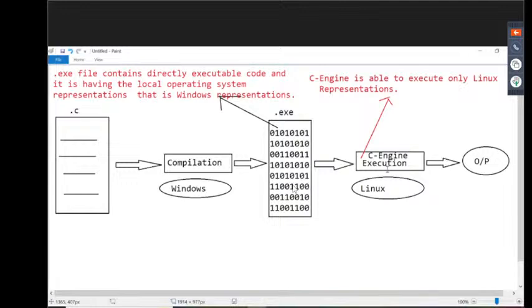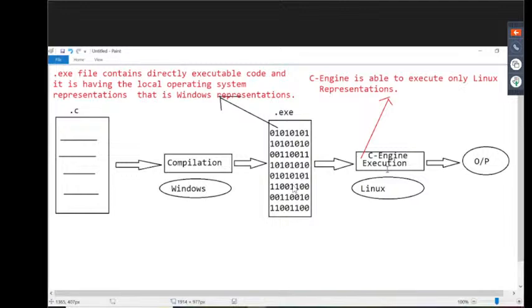Here, the C engine requires Linux representations, but here we provided the .exe file with Windows representations. We are getting some mismatch or not? Because of this mismatch, our program will not be executed.